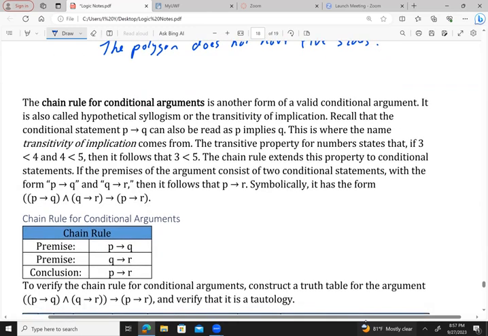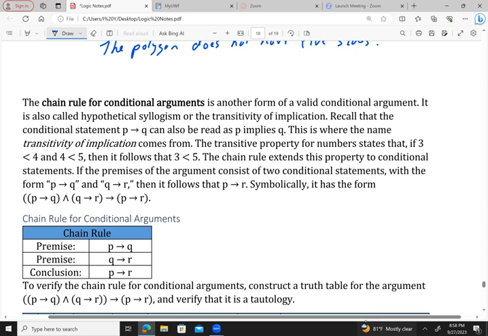So next we look at the chain rule for conditional arguments, another form of valid conditional argument, also called a hypothetical syllogism or the transitivity of implication. Recall that the conditional statement, if P then Q, can also be read as P implies Q. This is where the name transitivity of implication comes from.